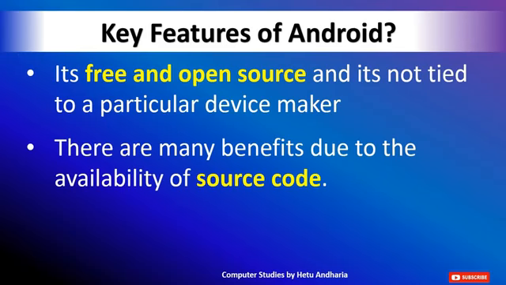Another thing, there are many benefits due to the open source availability. Here, how the operating system is designed, the coding written for that is open, anybody can read, and that is why there are several benefits. For example, right now one mobile phone company has launched a mobile, its cost is 20,000 rupees.